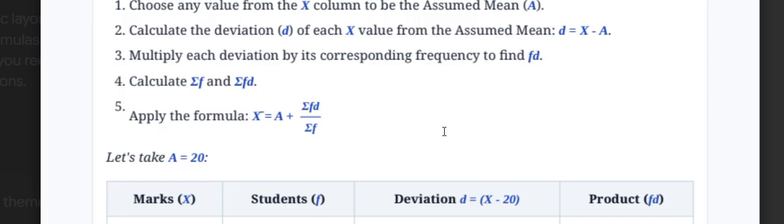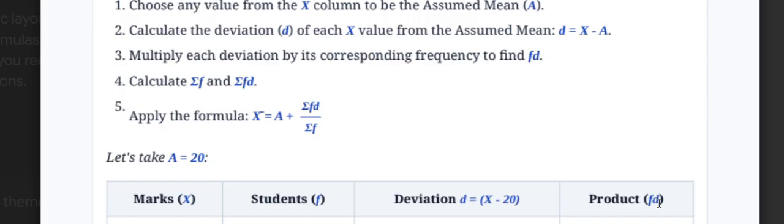The third step is multiplying each deviation by its corresponding frequency. After you have the deviations, you multiply them with the frequency, and you will get the product.